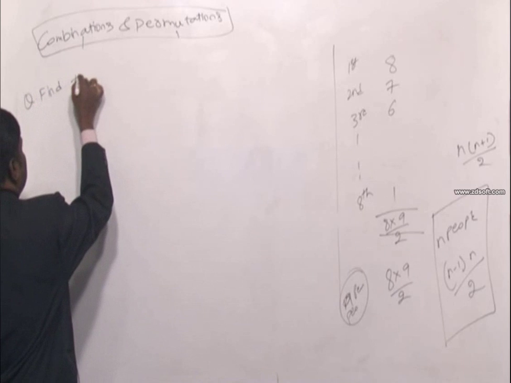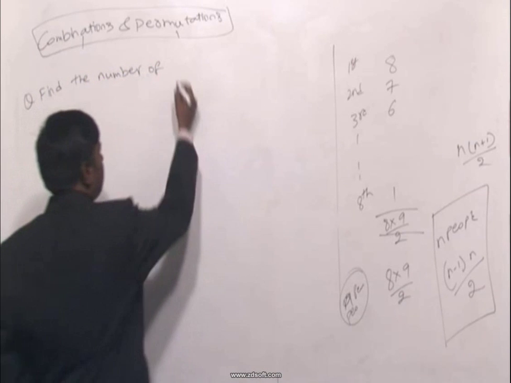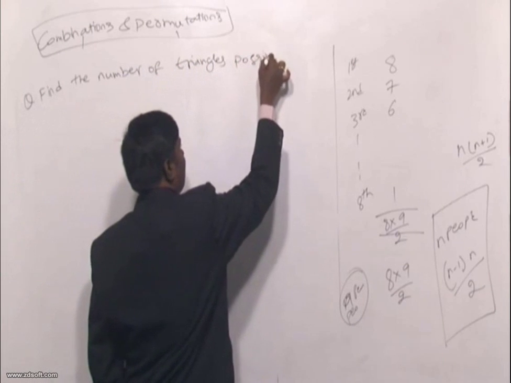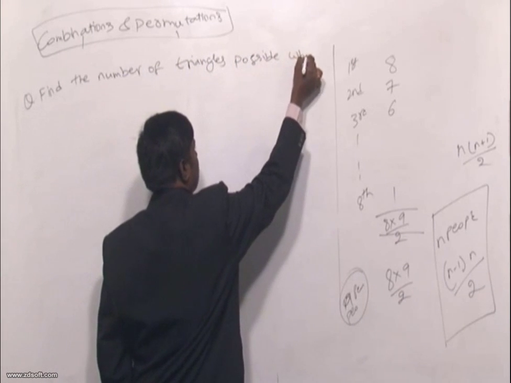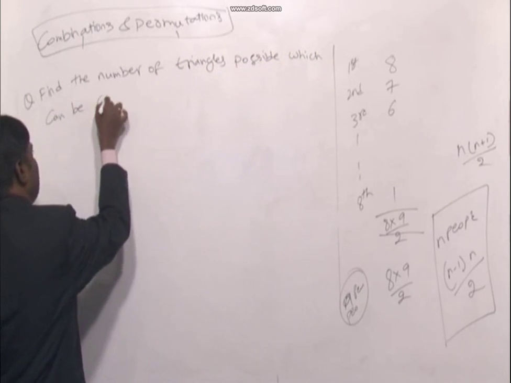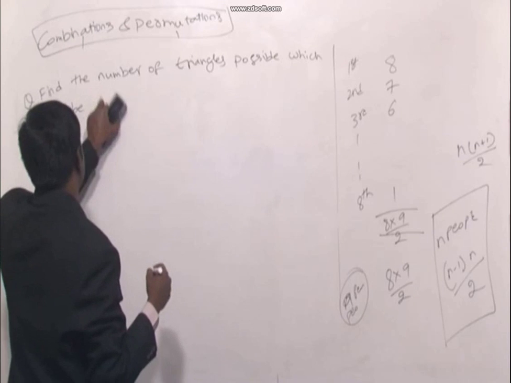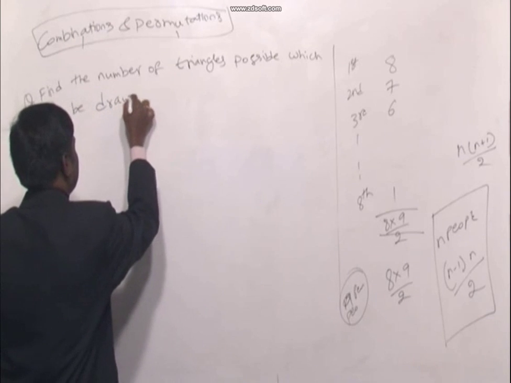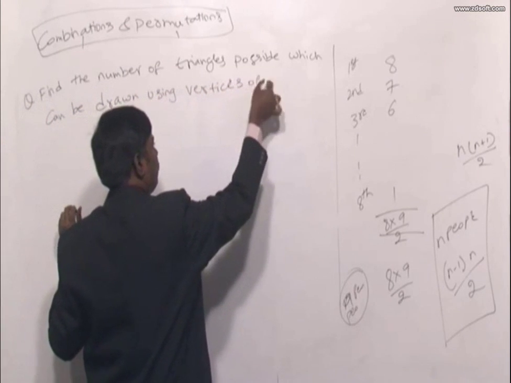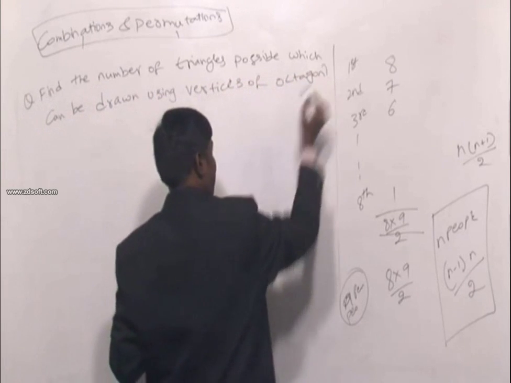Find the number of triangles possible which can be drawn using vertices of octagon. Try this problem.